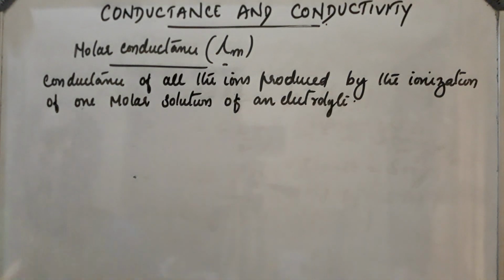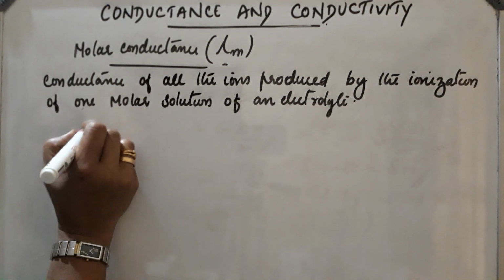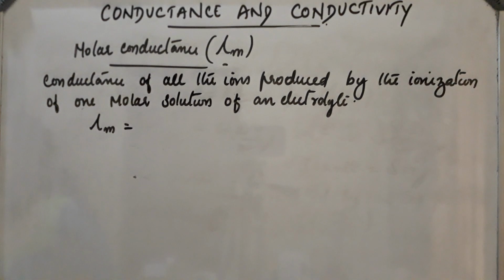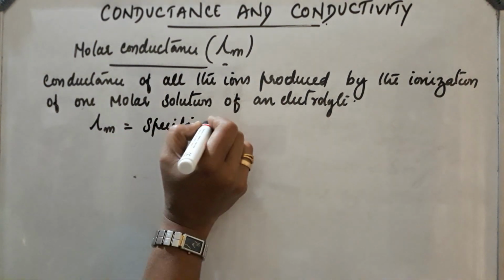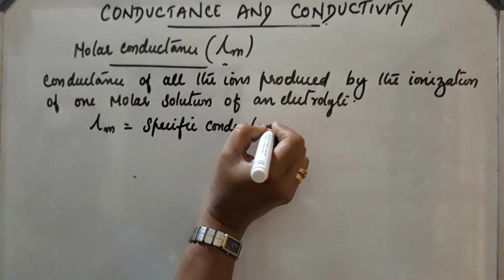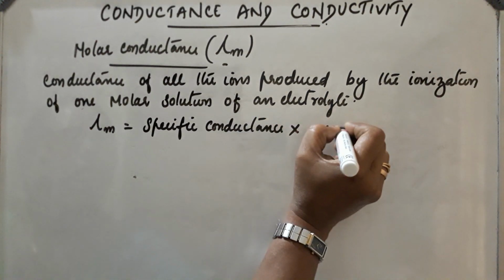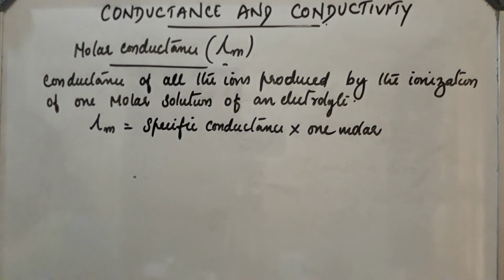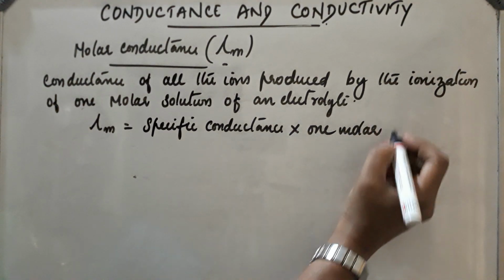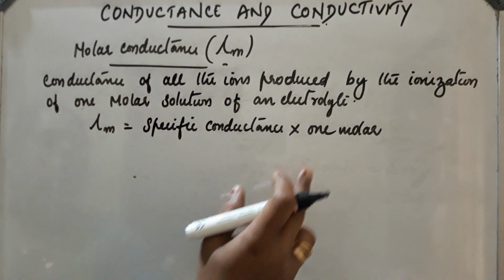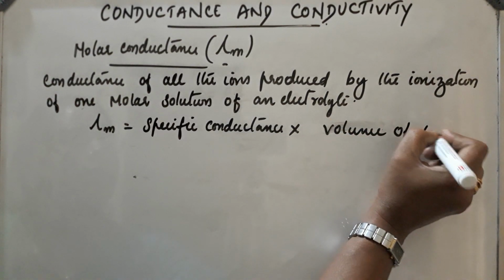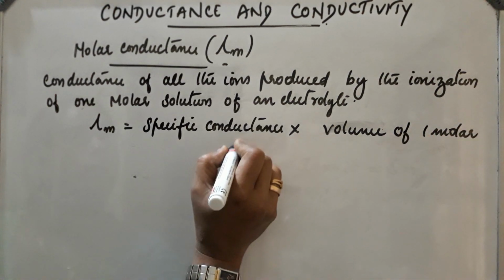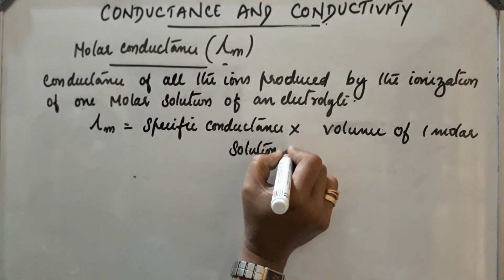Molar conductance, lambda m, is equal to specific conductance times the volume of 1 molar electrolyte solution. So specific conductance into the volume of 1 molar solution of electrolyte.